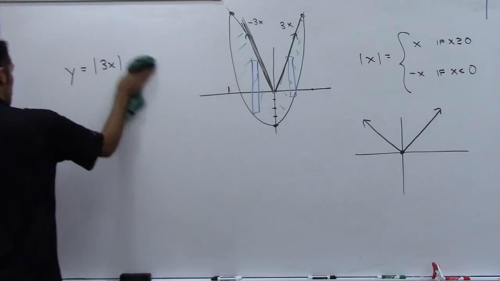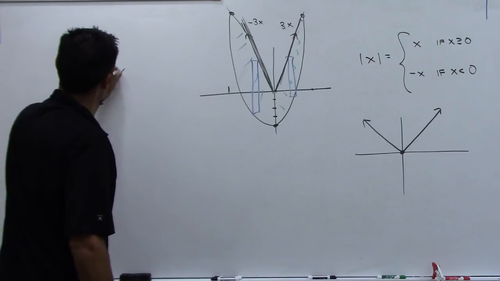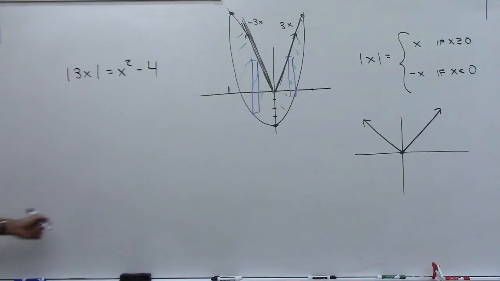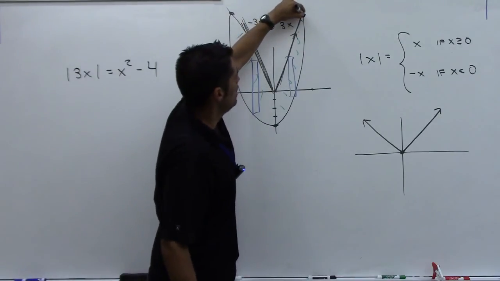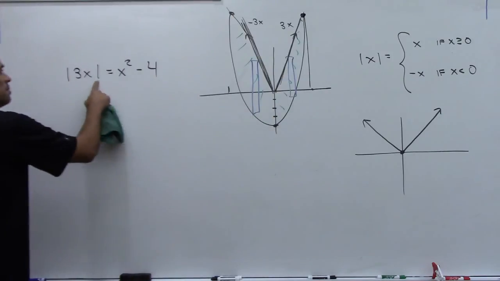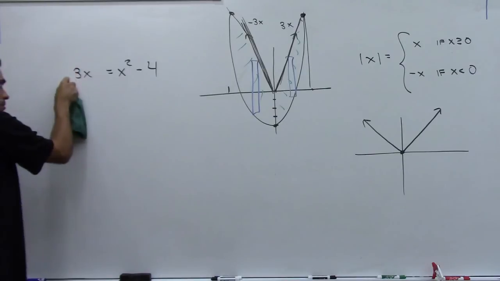So let me figure out where these two hit each other. Where does the absolute value of 3x equal x squared minus 4? Well, how do you solve that? Let's find this one first. We'll assume here that x is positive. If x is positive, 3 times a positive number is still positive, so I don't need the absolute value.